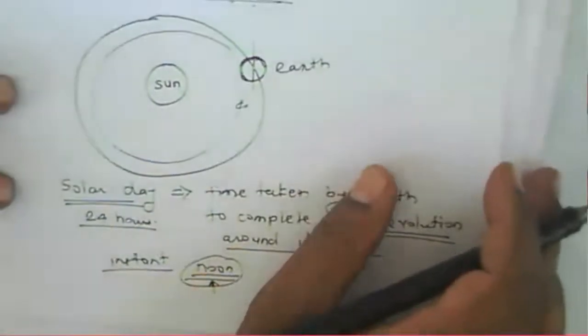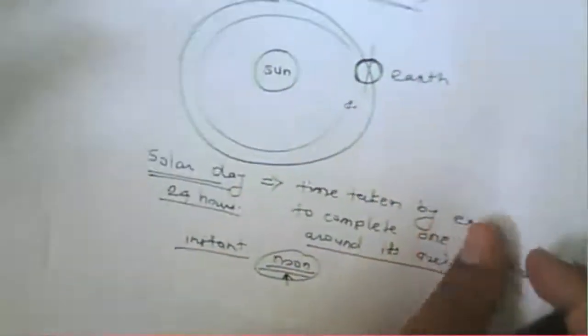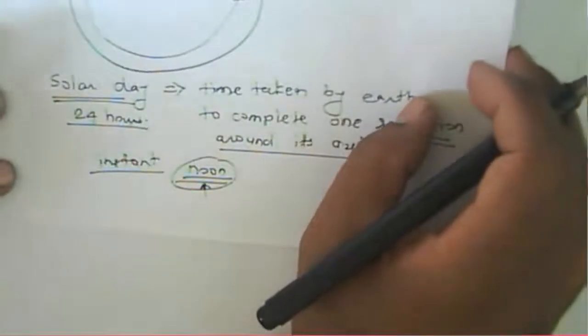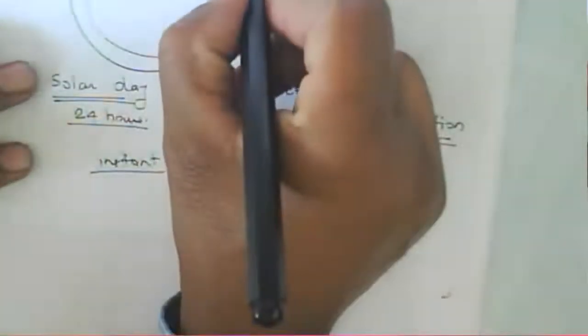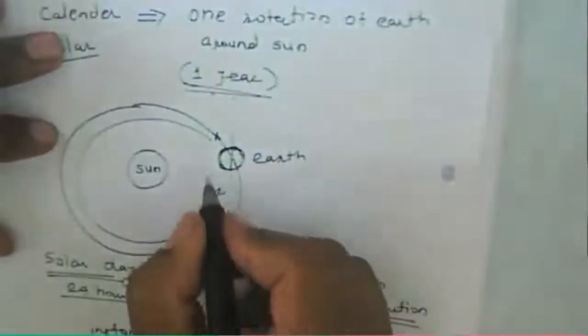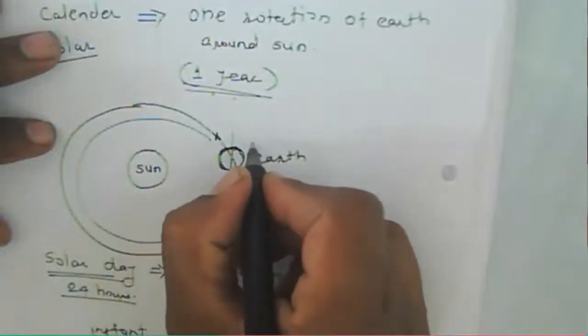Okay. So now we can consider that here the solar day is nothing but what? How much is the time taken by this particular Earth around itself? Then we can say that the Earth is rotating.